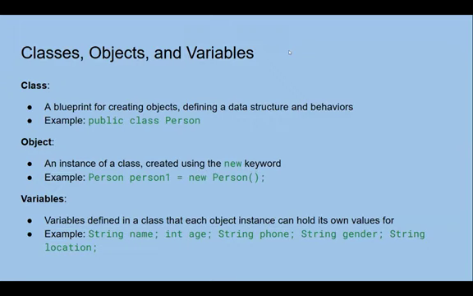Variables in a class are known as instance variables. Each object instance holds its own values for these variables. For example, in our Person class, we might have variables like String name, int age, String phone, String gender, String location. These variables store and manage data specific to each object.